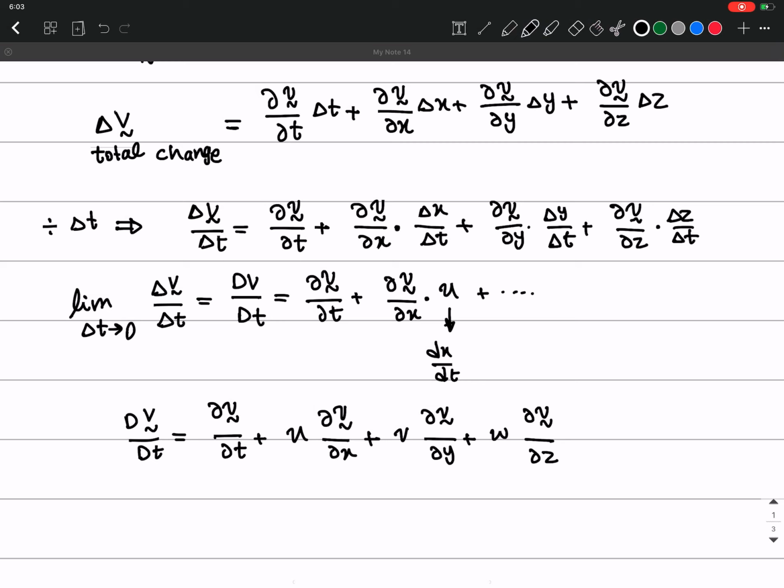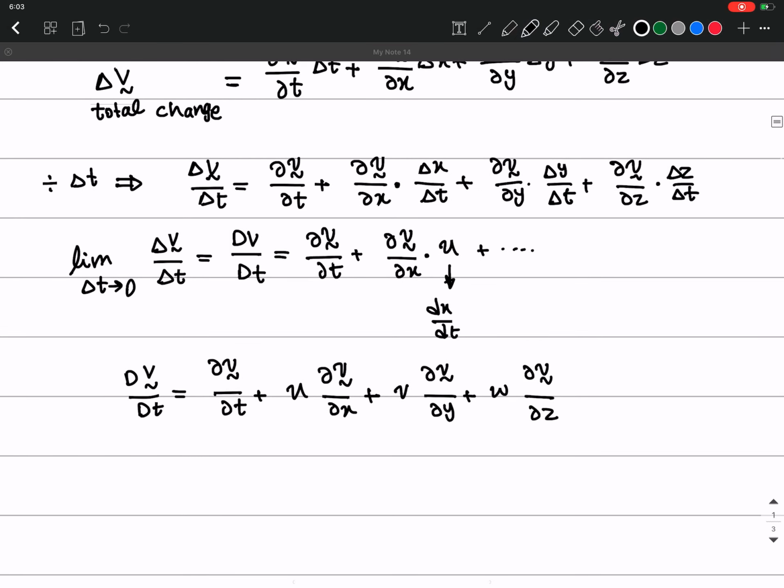So this is what I'm going to get, and we call this term the total derivative, or sometimes we call it the material derivative.